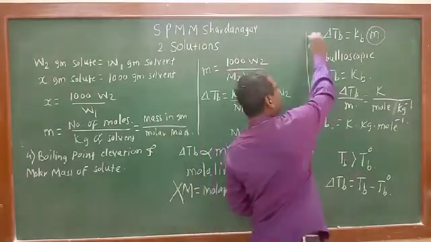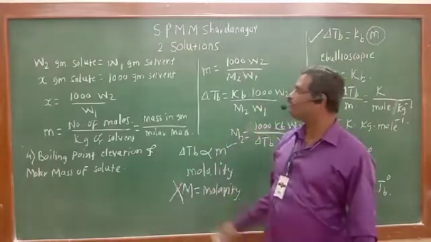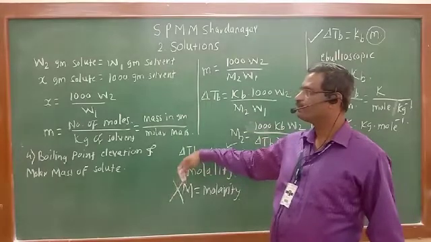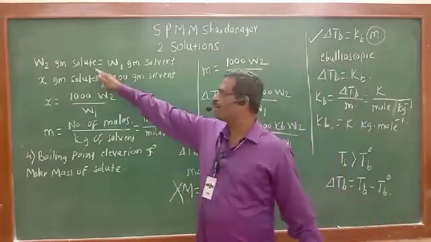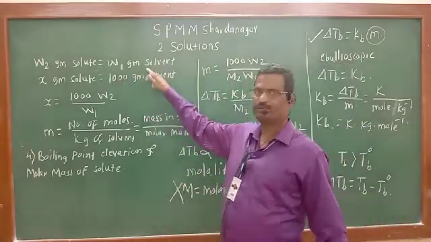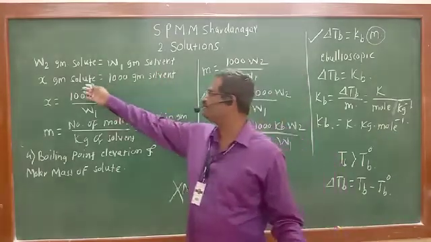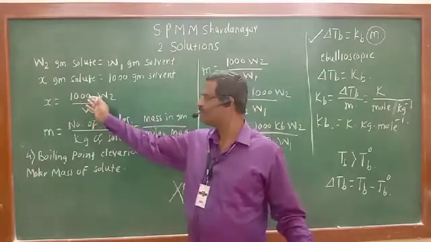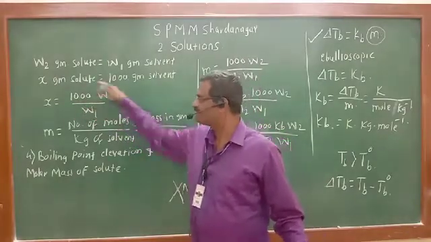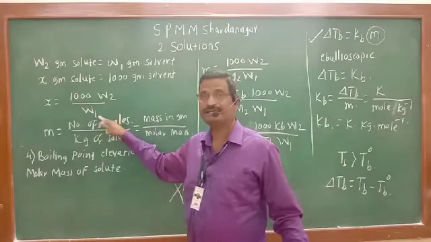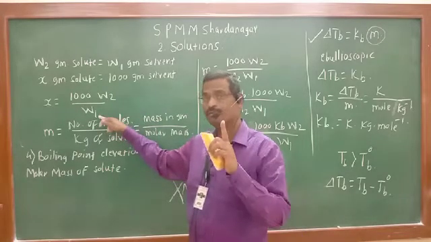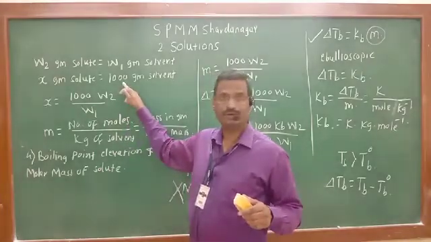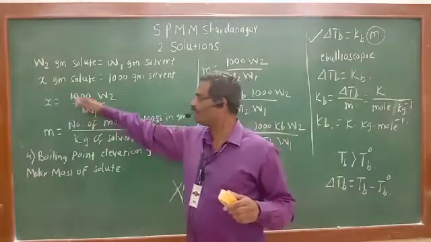Using this equation, we can calculate the molar mass of solute, the last point. Let us consider W2 gram of solute present in W1 gram of solvent. So how much solute is present in 1000 gram solvent? By cross multiplication, x is 1000 W2 upon W1. This is the mass of solute present in 1 kilogram of solvent, because 1000 gram means 1 kilogram. Why have we taken 1 kilogram?